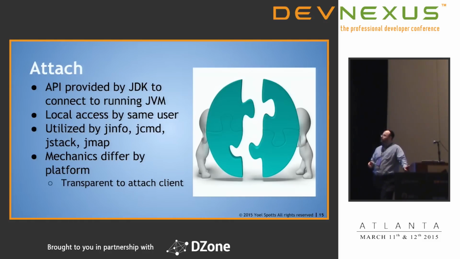But to the user of the attach API, the client of the attach API, it's completely transparent. It doesn't matter how it works. It's a level of abstraction for attaching to the JVM.